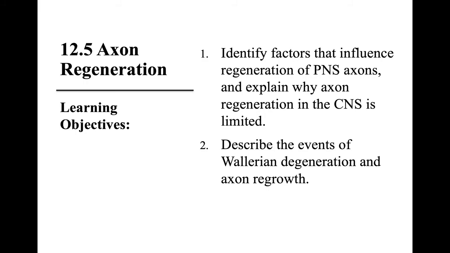The textbook agrees with the common notion that the central nervous system does not regenerate. It's only the peripheral nervous system that has the ability to regenerate. So be aware of that. That's all I care for on page 451.